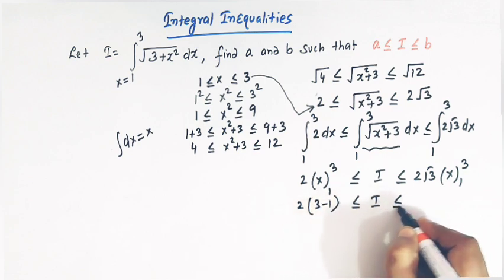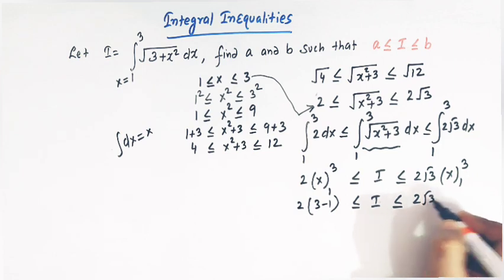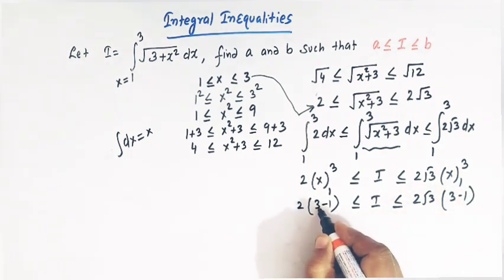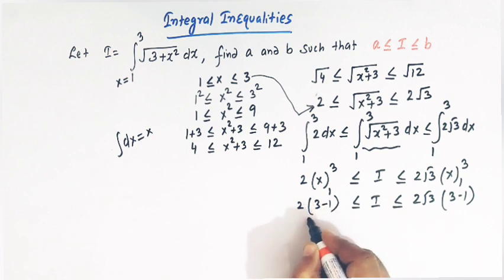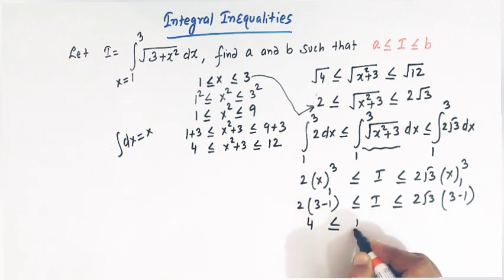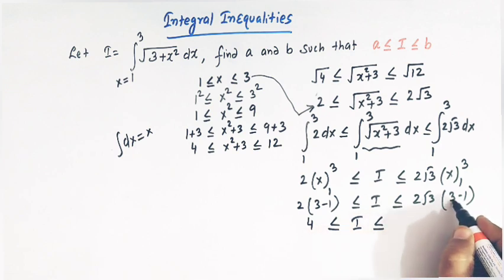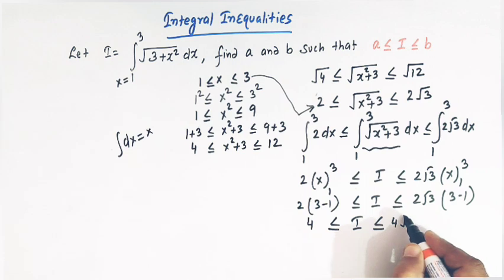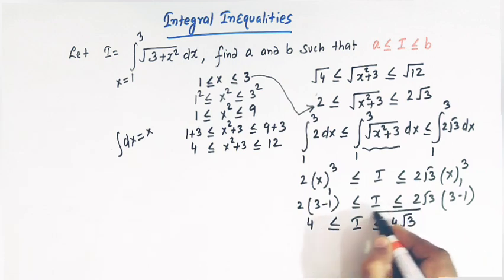Here we have I, here we have 2 root 3, and here we have 3 minus 1, right? So this is 3 minus 1, 2, 2 twos are 4, and here we have I, and here we have 3 minus 1, 2, 2 times 2 is 4, so this is 4 root 3, right?